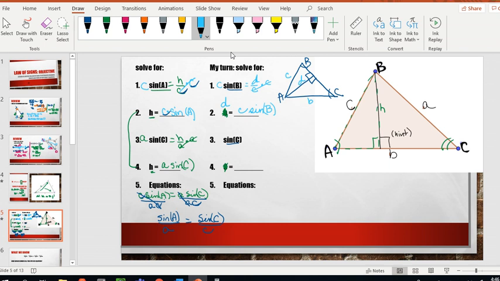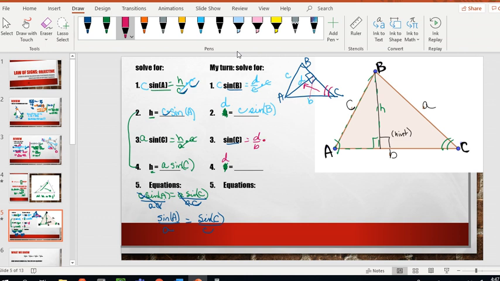All right, so sine of C, I'm going to go over here to C. Let's go red. This angle at C, I'm going to put 2 marks there. Its opposite over hypotenuse is D, and this is the hypotenuse because it's across from the right angle. So this is D over B, and I'm going to solve for D again.